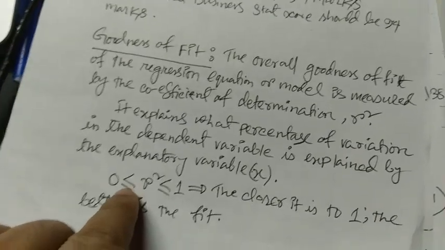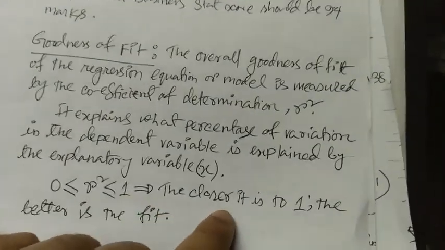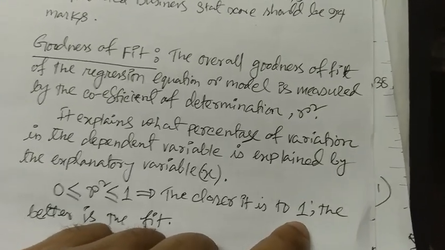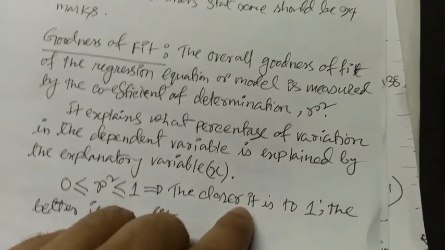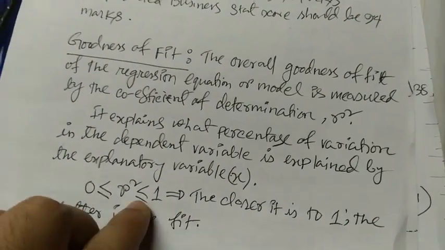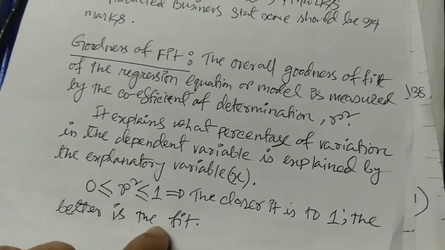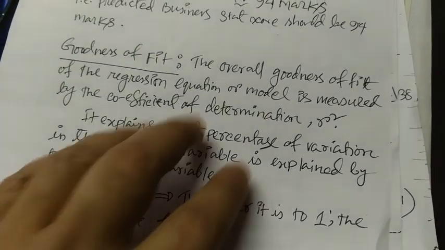The value of R square can be between 0 and 1. The closer the R square value is to 1, the better the fit, that means the better the model. The more and more close to 1, the better the fit or the better the model.